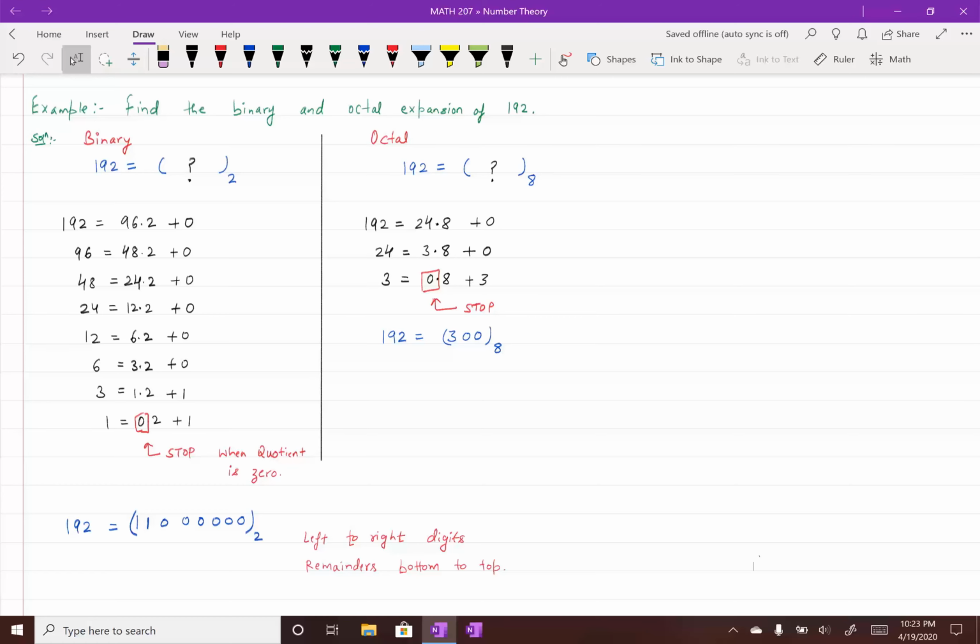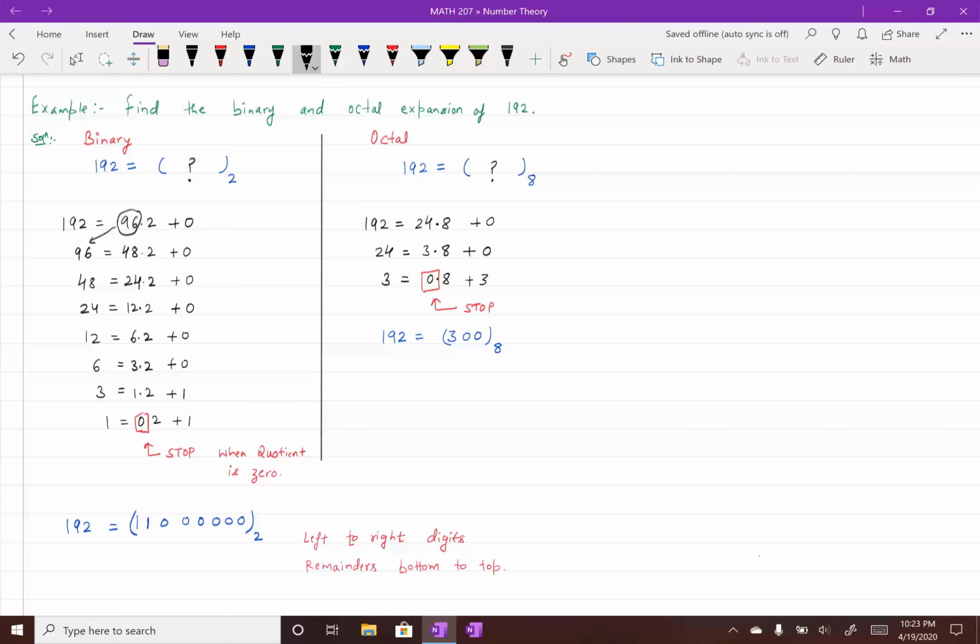So for the integer 192, we can use our division rule. 192 with the base 2 can be written as 96 times 2 plus 0. And if you take this quotient to the next level, then 96 can further be written as 48 times 2 plus 0.